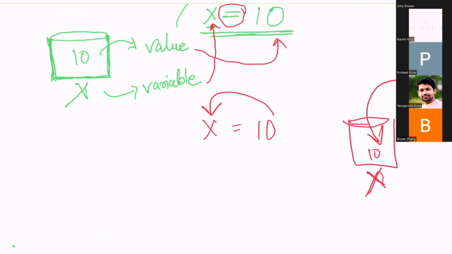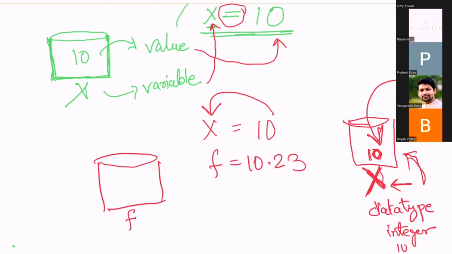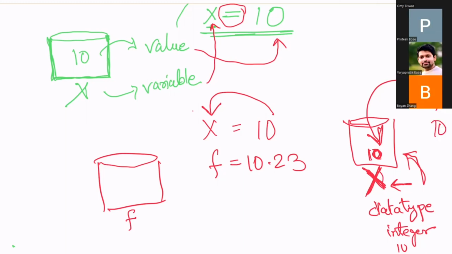Now, if I write a statement in Python as f equal to 10.23, this container's variable name is f, and the value that I am providing is 10.23.